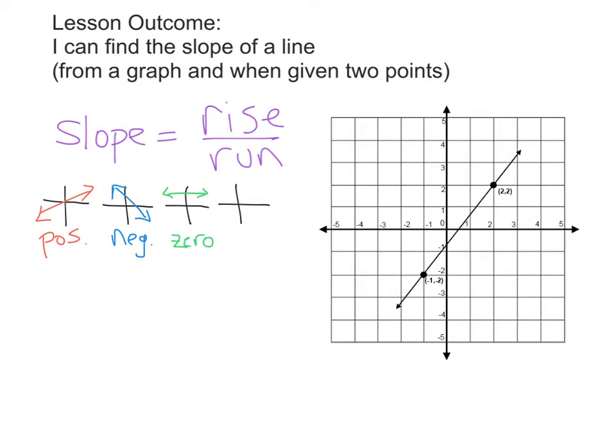And the last one is a vertical line. And a vertical line, we say, is undefined when it comes to slope. Think about this for a minute. Can you walk uphill? Can we move uphill in some way? Yes, we can. Can we walk or move downhill? Yes.